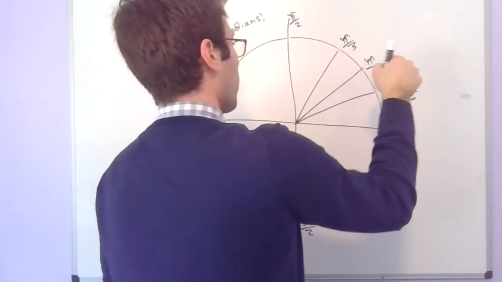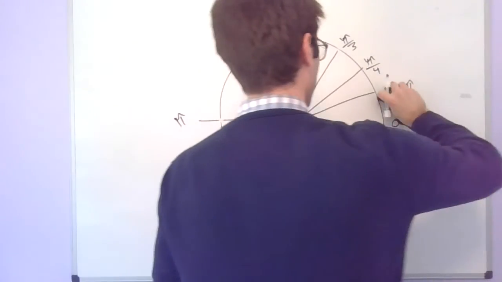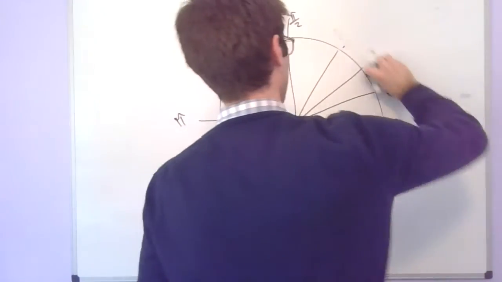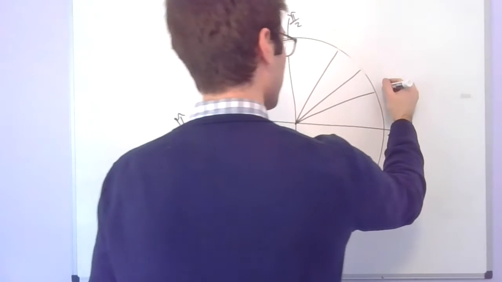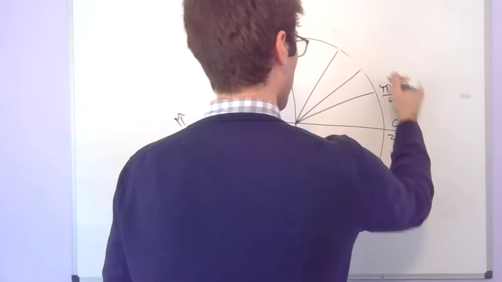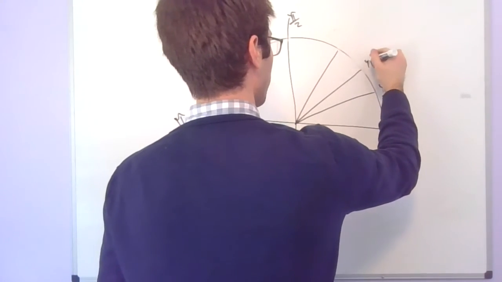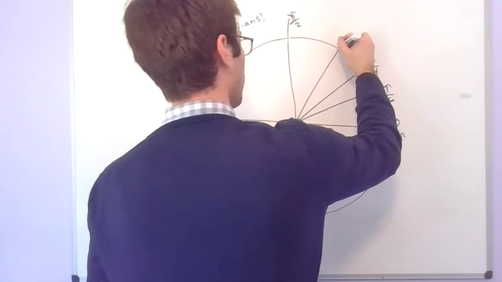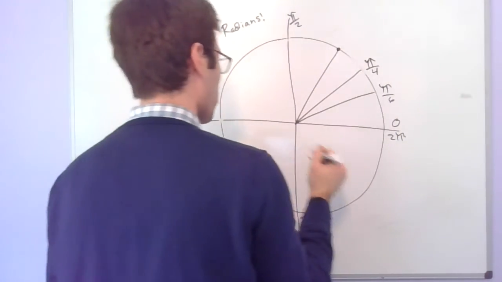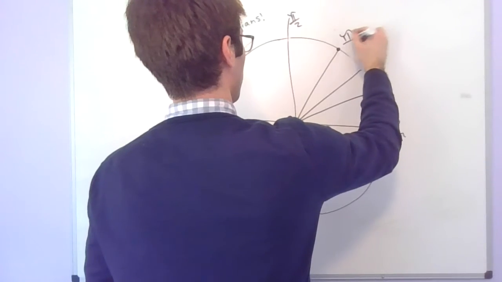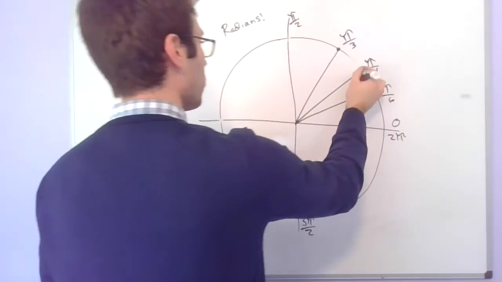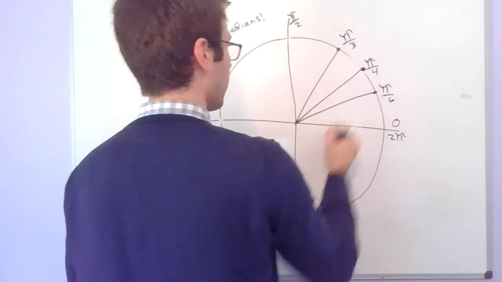This is pi over 4. That's pi over 6. This is pi over 6. This is pi over 4. This is pi over 3. Very important values here, here, and here.